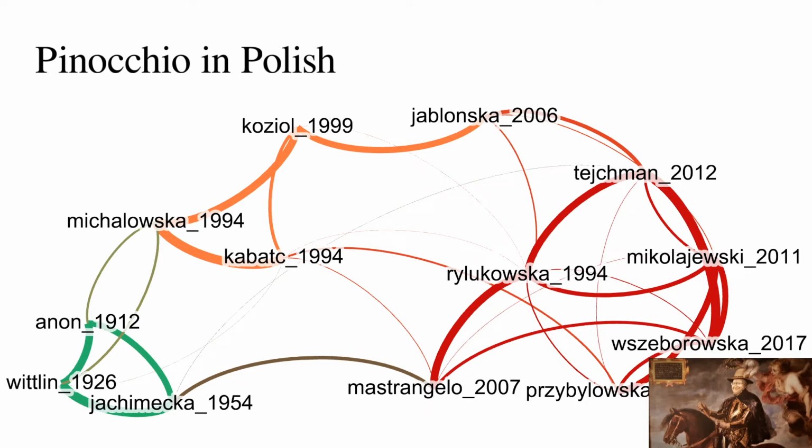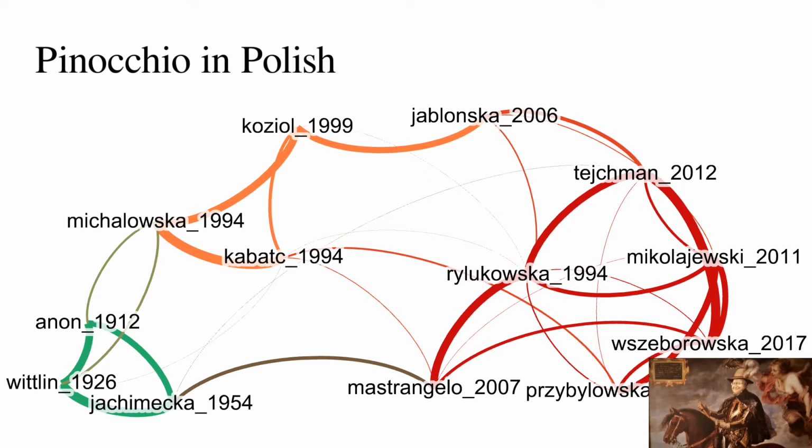That's important. However, what is even more interesting is that here the coloring, the decision which texts should be treated as one community, as one group, was not made by a human looking at the network.